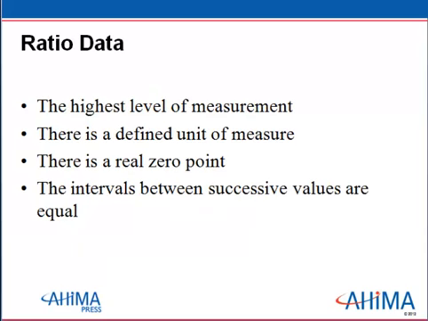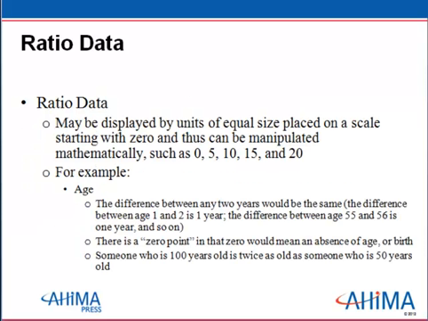Ratio data, or scale, this is the highest level of measurement. There is a defined unit of measure, a real 0 point, and the intervals between successive values are equal. Ratio data may be displayed by units of equal size placed on a scale starting with 0 and thus can be manipulated mathematically.